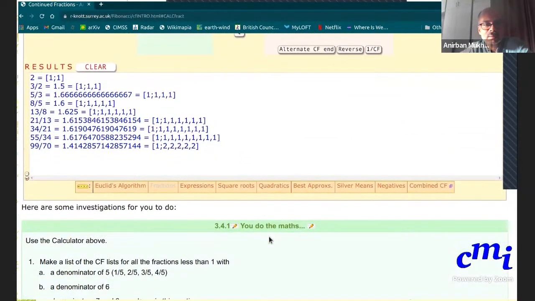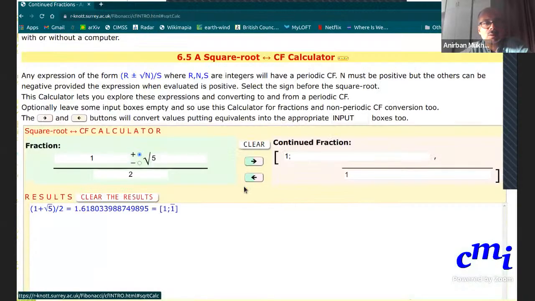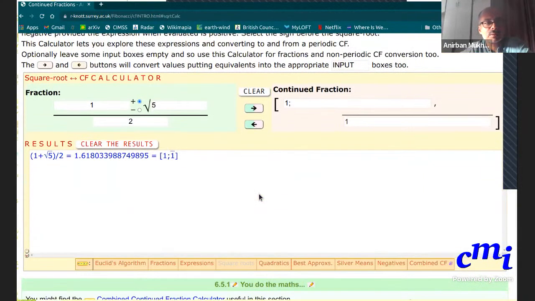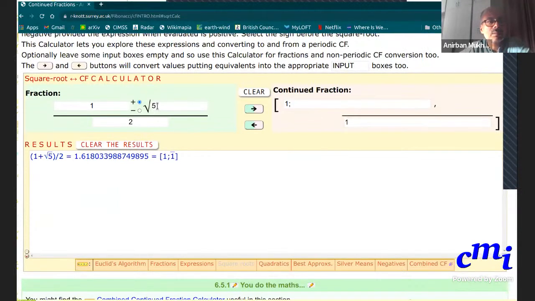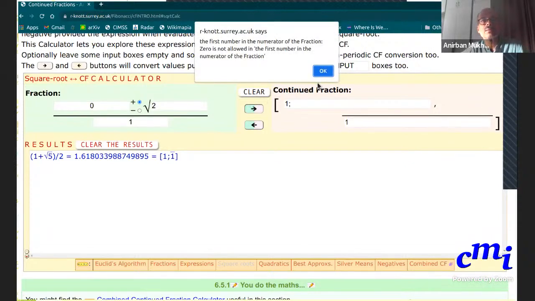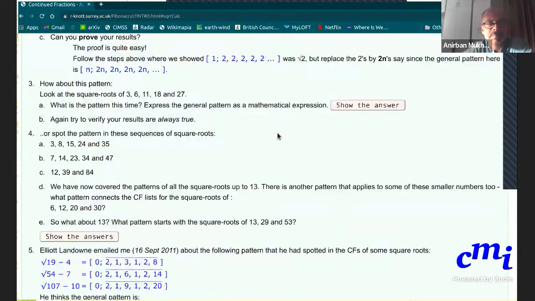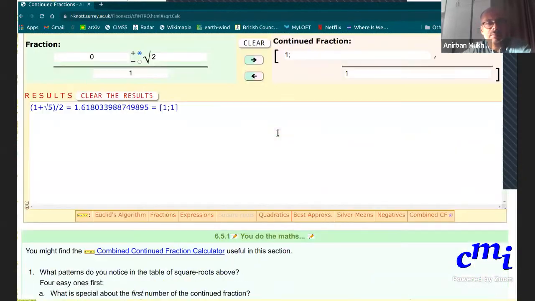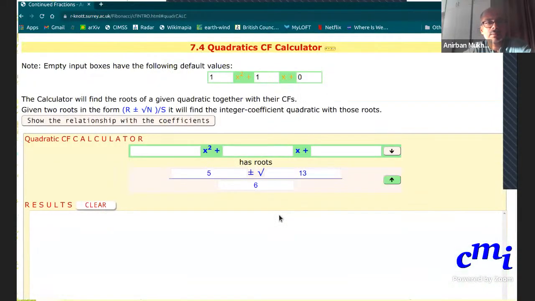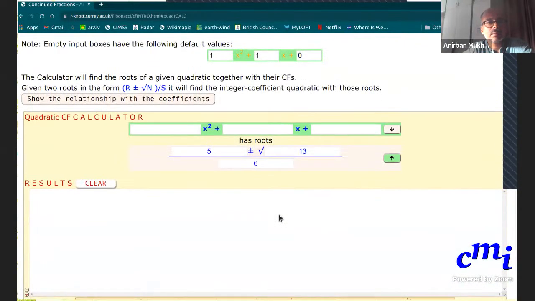So that is one thing. Square roots. But square root probably won't work here. Let me try. No, it doesn't work. It doesn't allow 0 in the first place. But they have other calculators.